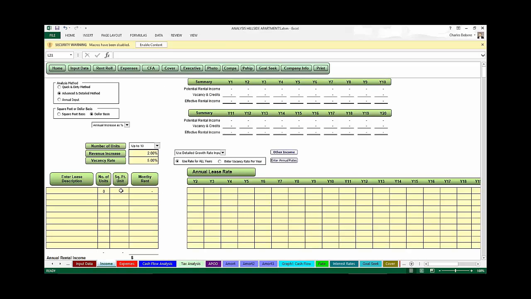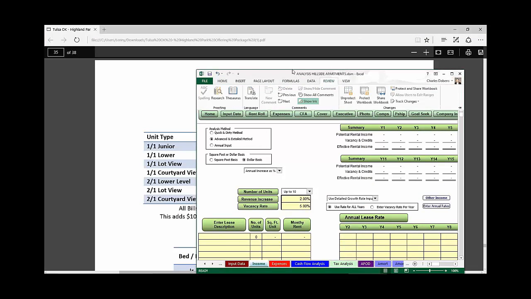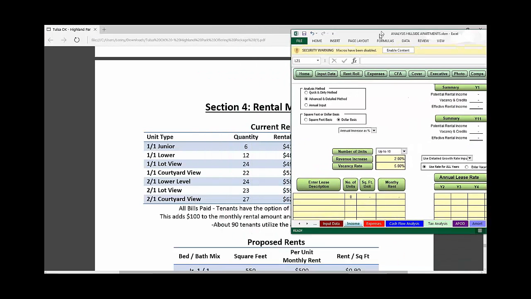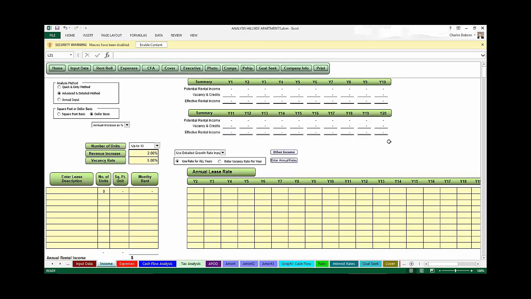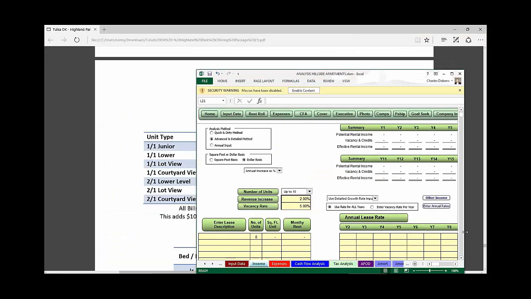All right, so what I'm going to do here, let's see if I can minimize this a little bit. Oh, bummer. Okay.